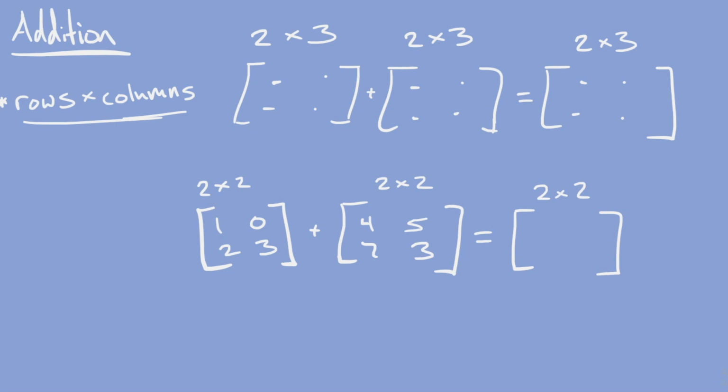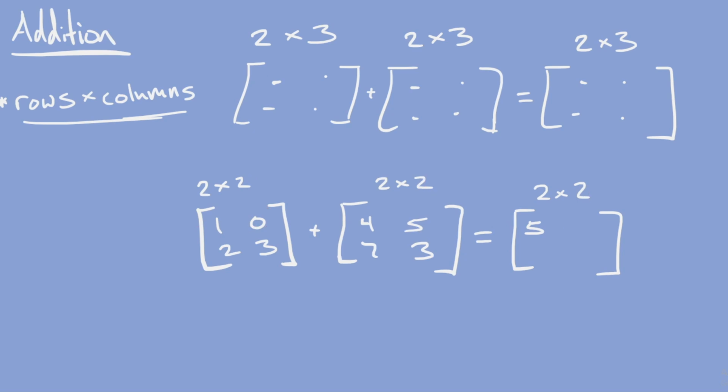And then addition is exactly how you think it would be. If we want to find the value that goes here in the first row and first column, we'll look at those same positions on either matrix. So we have 1 and 4, which is 5. We just add them together. 1 plus 4 is 5. And then if we want to find this value in the first row, second column, we'll do the same on the others and add those values together.